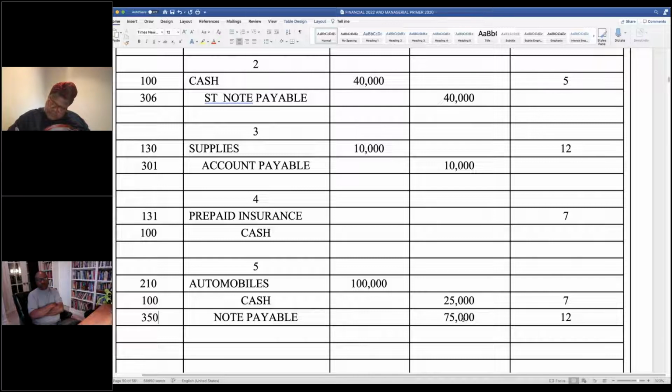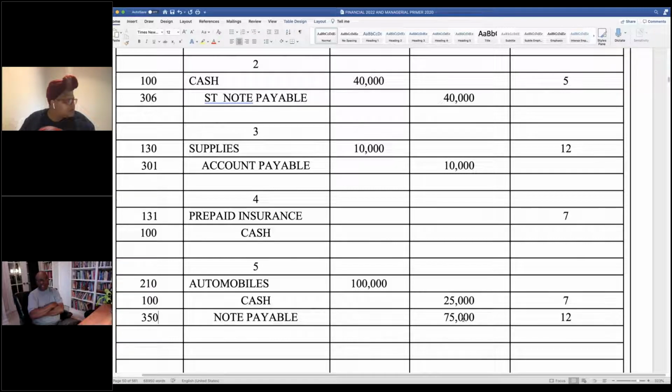And that note is similar to your student loan. You've got to eventually pay it back. So when you give up a note for your education, that's something of value that you gave up. That is your obligation to pay somebody in the future.